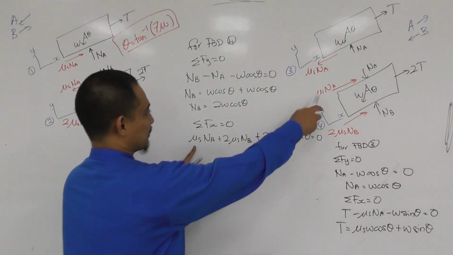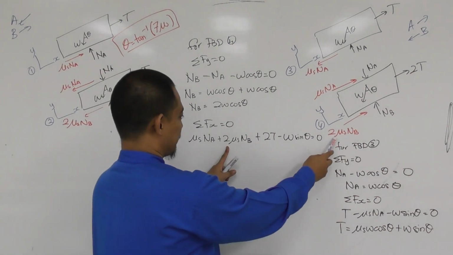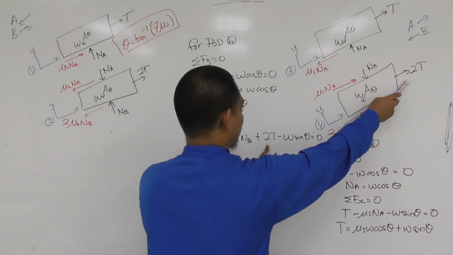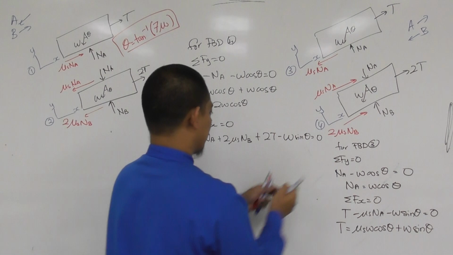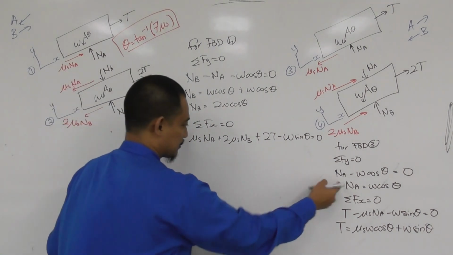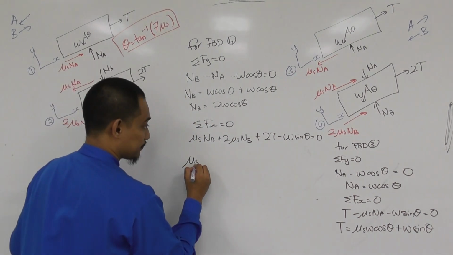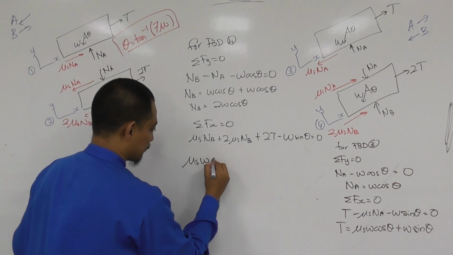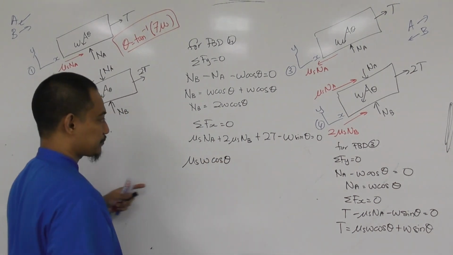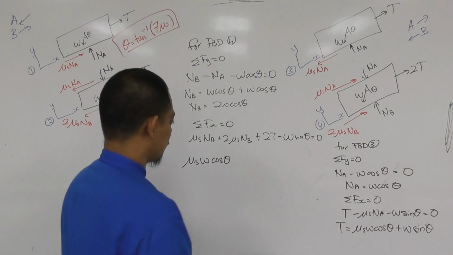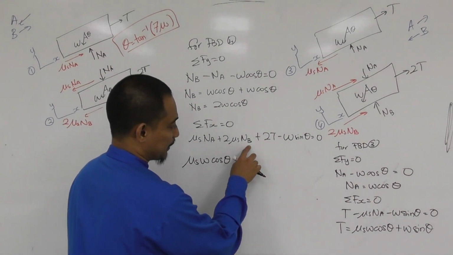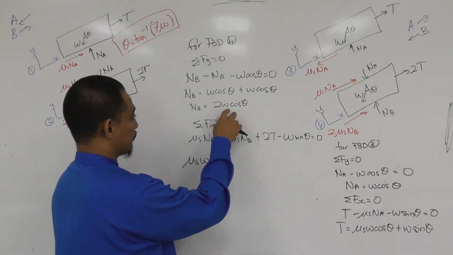So this one is mu s NA plus mu s NB plus 2 mu s NB, plus 2T minus W sin theta, right? Mu s NA is W cos theta, plus mu s NB. So plus 2 mu s NB is this one, 2W cos theta, right?